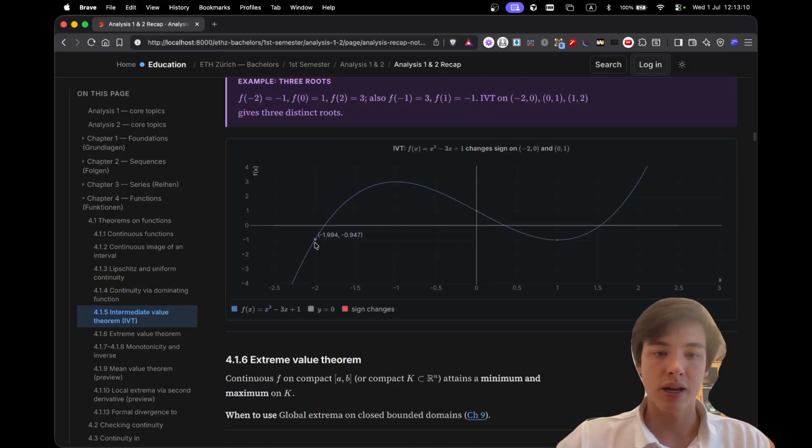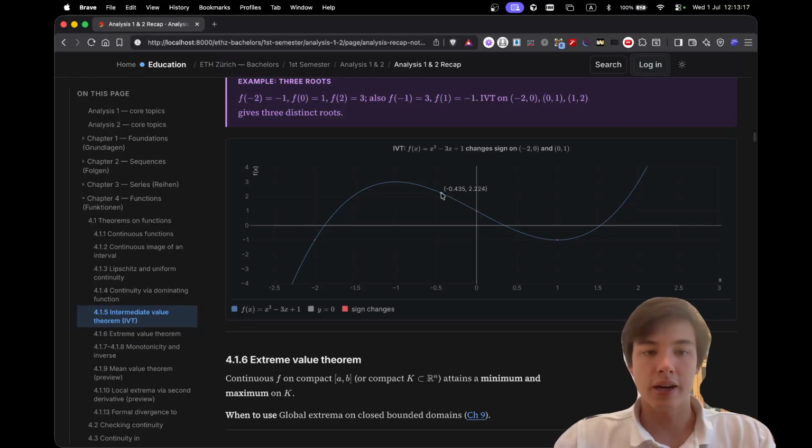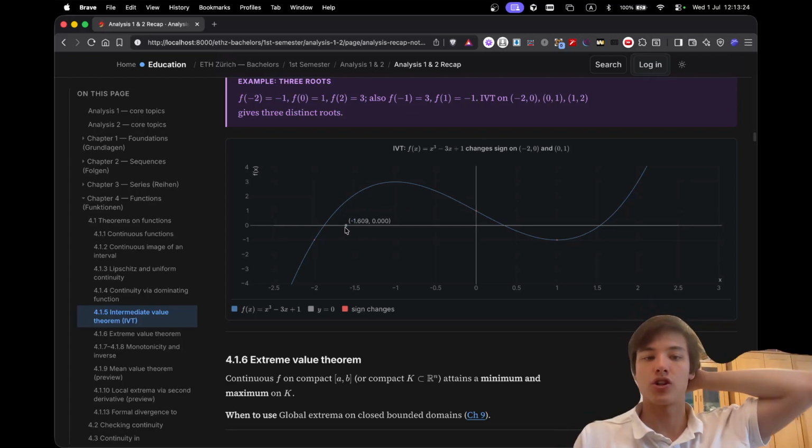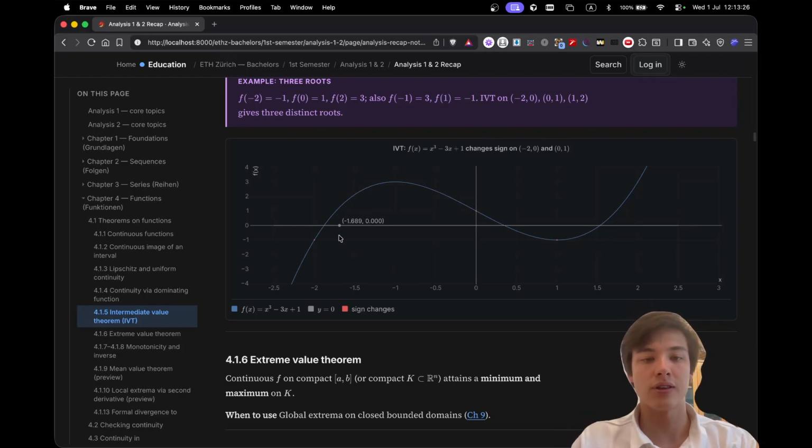So let's say we start here, we end here, then we can find any value between the height of 2 and 0. For example, here we would have for sure an x value that would give us that.